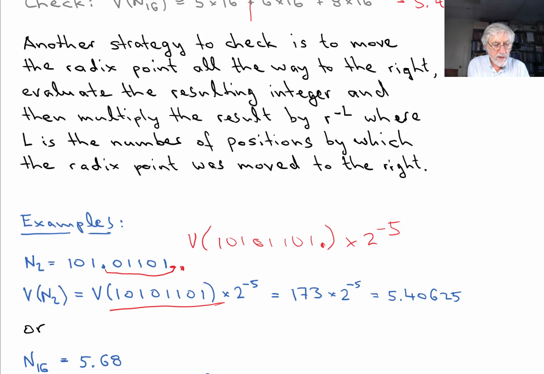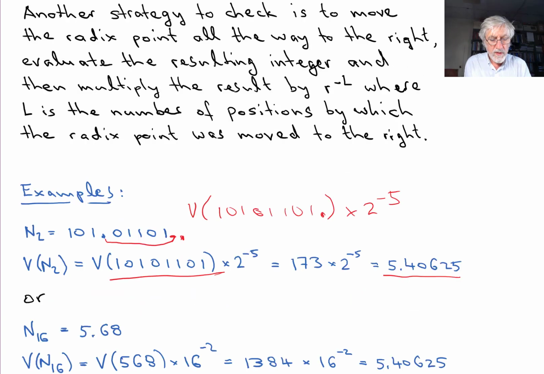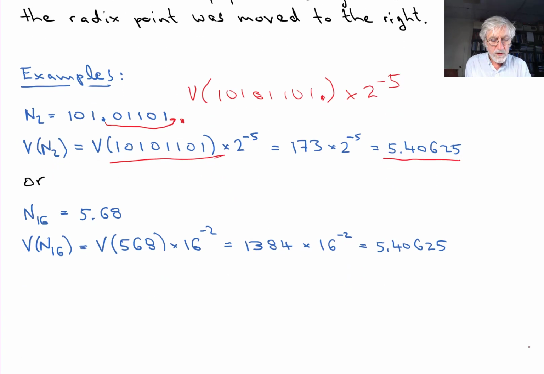And it turns out that this 1010101 is equal to 173 in decimal value. And then we multiply by the 2 to the minus 5, and we get again the 5.40625 in this way. And here is the same thing for the hexadecimal 5.68.